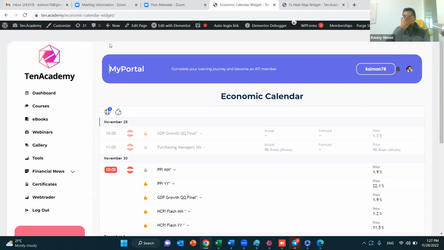So next week, on Monday, we would be covering other tools, to take you across to the technical side of it, in order for you to be able to mix and match what you see in terms of the tools, your calendar, your FX heat map, and various others, with trend analysis.